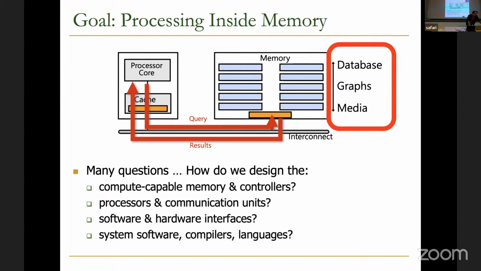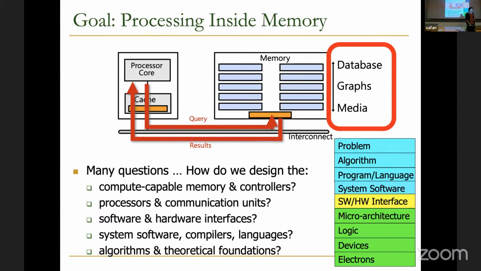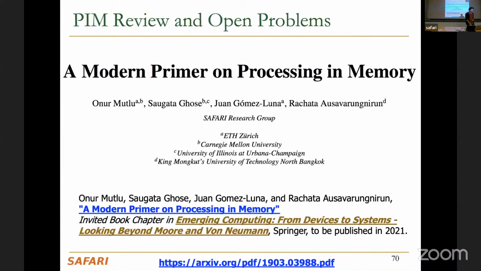It's also necessary to change system software. The OS will have a lot of responsibilities here in data-centric computing systems, same as compilers, languages, etc., or even the algorithms themselves and the theoretical foundations might need to be rethought, right? If you have some new compute capability in your system. And all of this spans the whole stack.